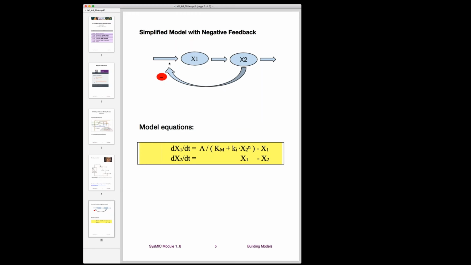So there's an arrow leading into it. Also, there's a reaction that consumes it, so there's an arrow leading away from it. The degradation or consumption arrow leads to a second species called X2, so it's another molecule, another protein, another entity.